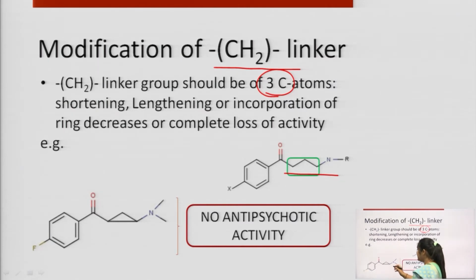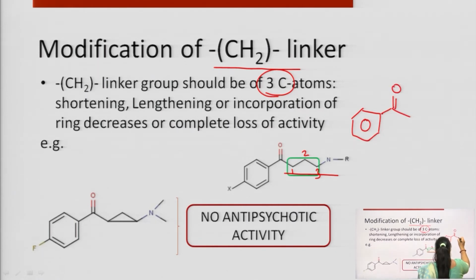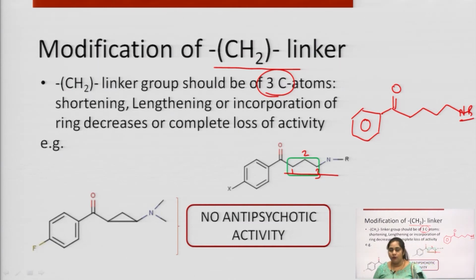Like in this example, here it is 1, 2 and 3. Suppose we use this benzoyl derivative and we increase the chain; the difference between the nitrogen and the carbonyl group must be 3 carbon atoms.